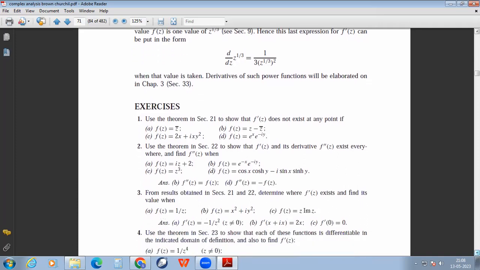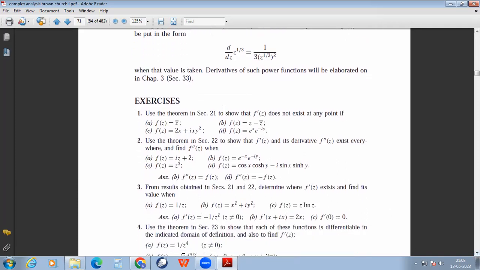So I would like you people to solve the first two questions today itself, and if there is any doubt you'll ask me. Just take a screenshot of this immediately. Have you got what to do? See, in the first question, go for f of z equal to z bar. Z bar means it is x minus iy.